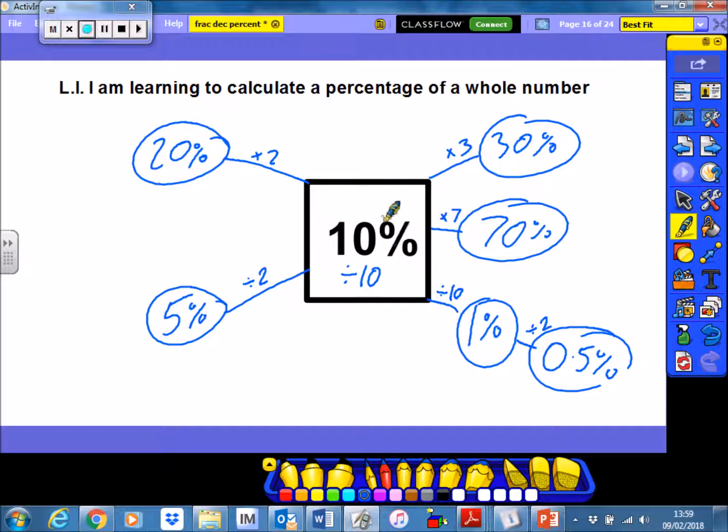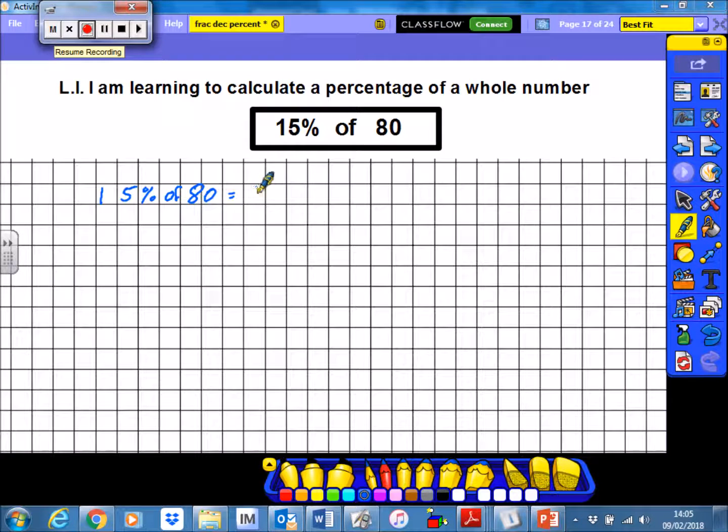So if I've worked out 10%, which we do just by dividing by 10 because it's a tenth of the number, I can work out all these other percentages. So let's try applying this. Our first example here is to calculate 15% of 80.